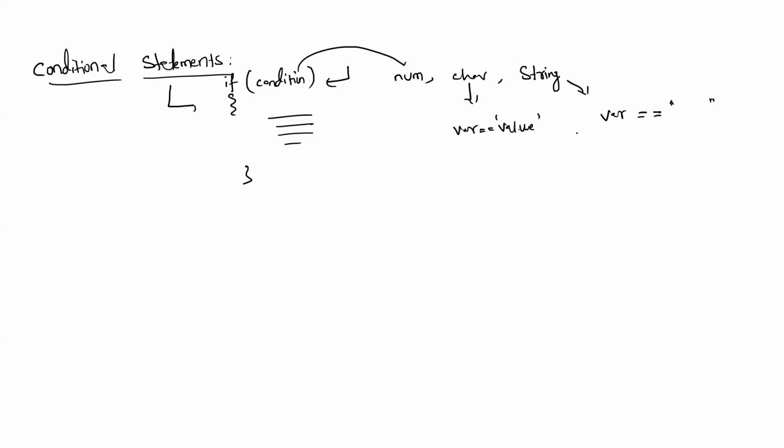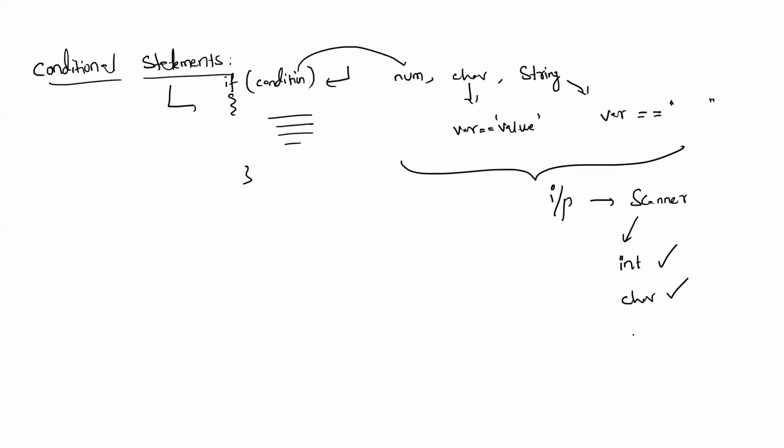I asked you to give the input for all the discussed programs using the Scanner class. I don't think you'll have any problem with integer, it will work fine. Character also works fine. But when you take string input from the Scanner class, it will not work as we expect.